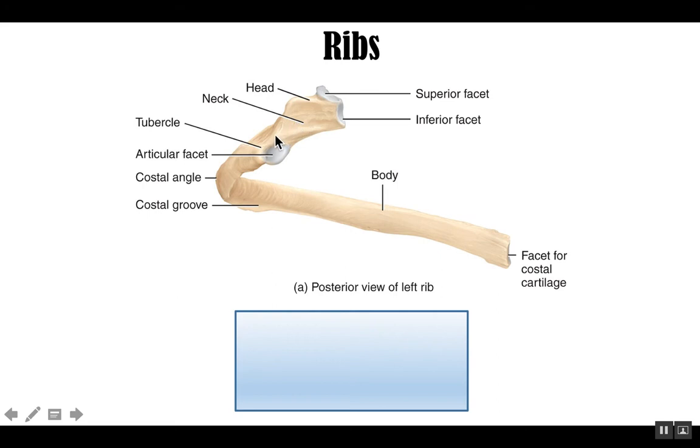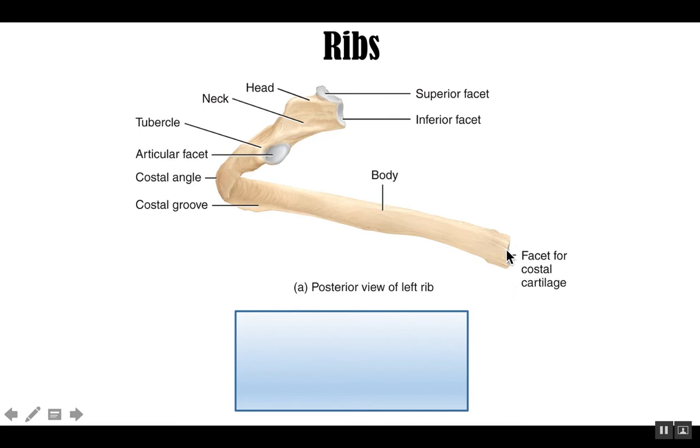Moving a little farther, you go to a knob-like structure known as a tubercle. And on that tubercle, there's a facet. That's the facet that will make contact with the transverse process of the vertebra. Then there's a bit of an angle. It'll angle around anteriorly, and it may or may not have a facet for costal cartilage.